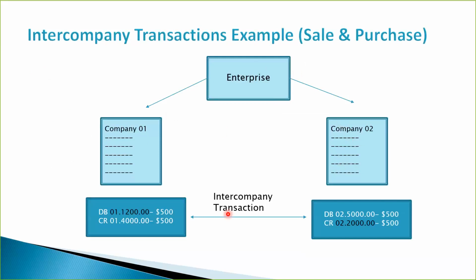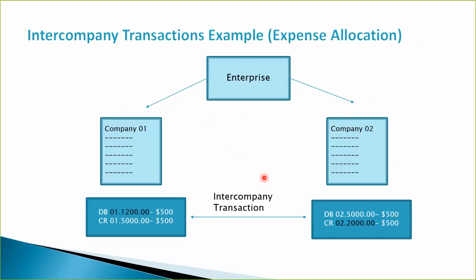However, if this enterprise is the one that's registered as a legal entity, and these two companies are just components under this legal entity, and they enter into a transaction, then this will be an intra-company transaction, all right? So that's the difference between an intercompany transaction and an intra-company transaction.